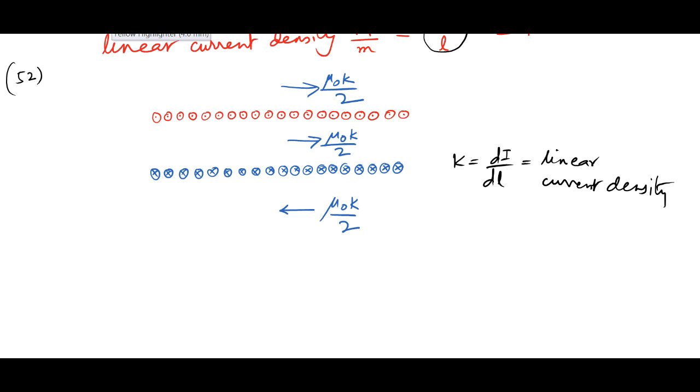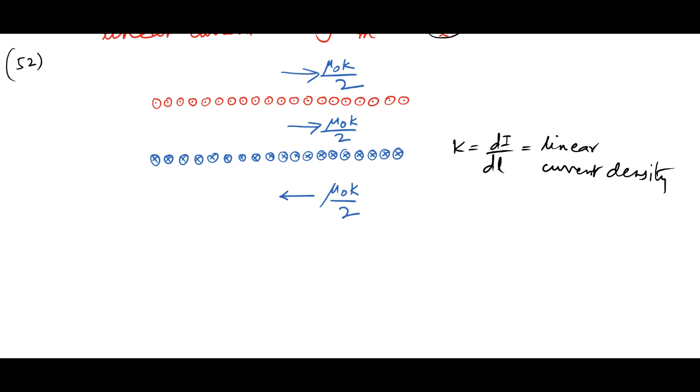On the other hand, if we consider the contribution towards the magnetic field by the upper plane alone, then the theory that we just discussed tells us that the field contributed by the upper plane in the region below the upper plane, so I mean this region as well as this region, is going to be in the rightward direction, and its value is going to be mu naught k by 2 here as well as here.